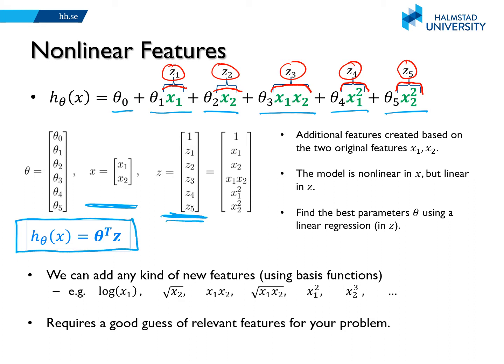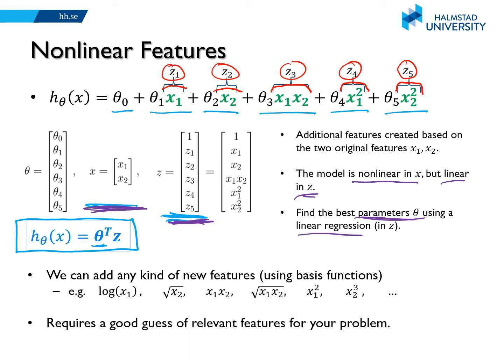So using our higher dimensional data, we can just find the best values for the parameters using a linear regression model. So this model will be linear in z, but it is a nonlinear model in our original feature space. And to estimate those parameters, you can use exactly what we studied in the previous lecture about linear regression.